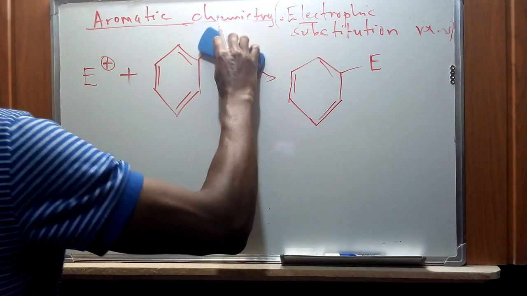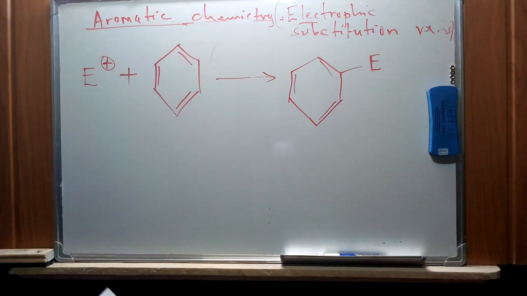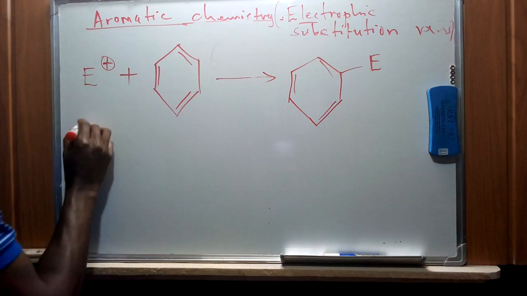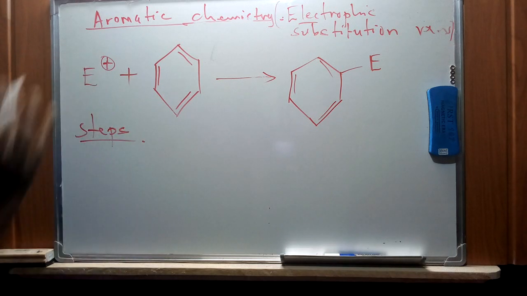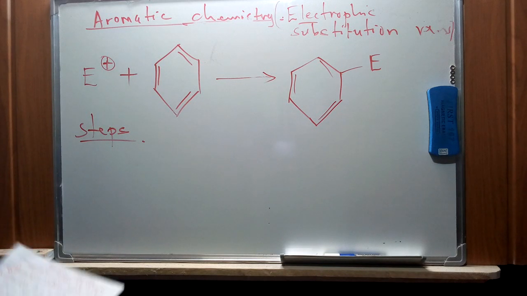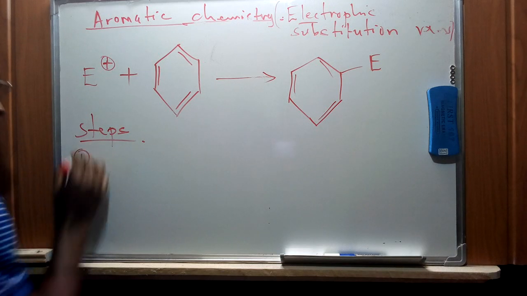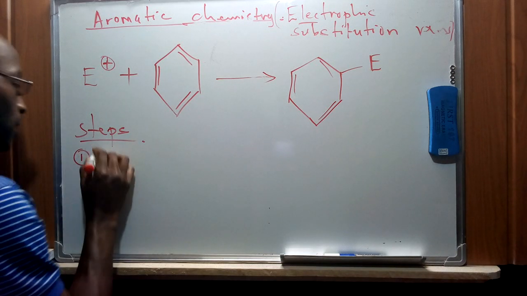The first of the three essential steps is the formation of a new sigma bond from the carbon-carbon bond in the arene nucleophile. I've defined the term sigma bond, the term nucleophile, and the term arene.